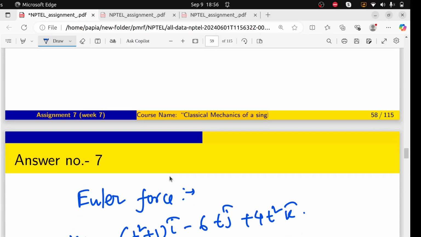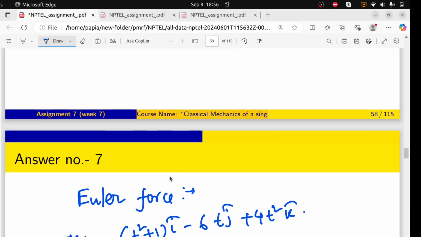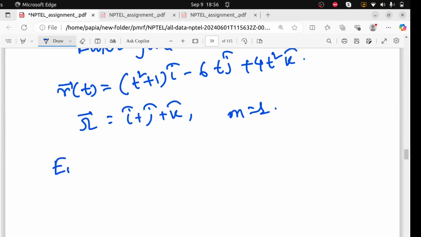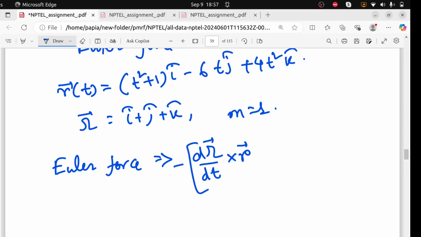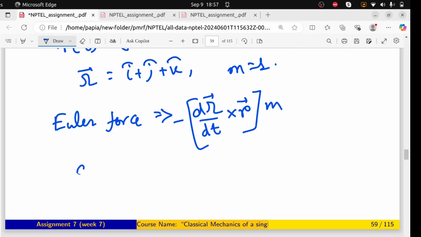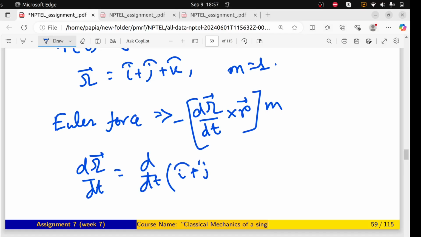For the Euler force, we need to calculate d/dt of omega, with one minus sign and one m also there. Surprisingly, we can see that omega is not a function of t.